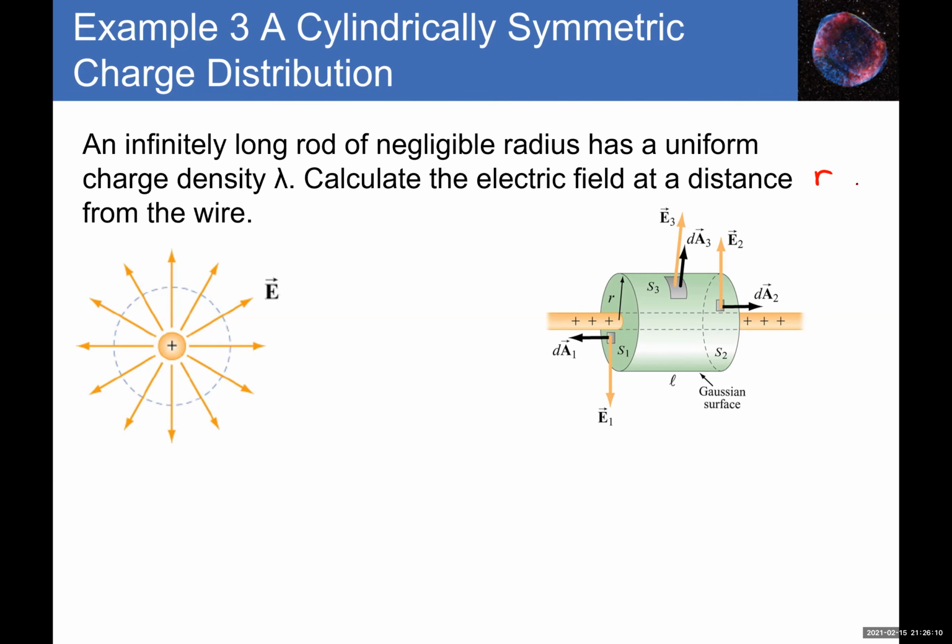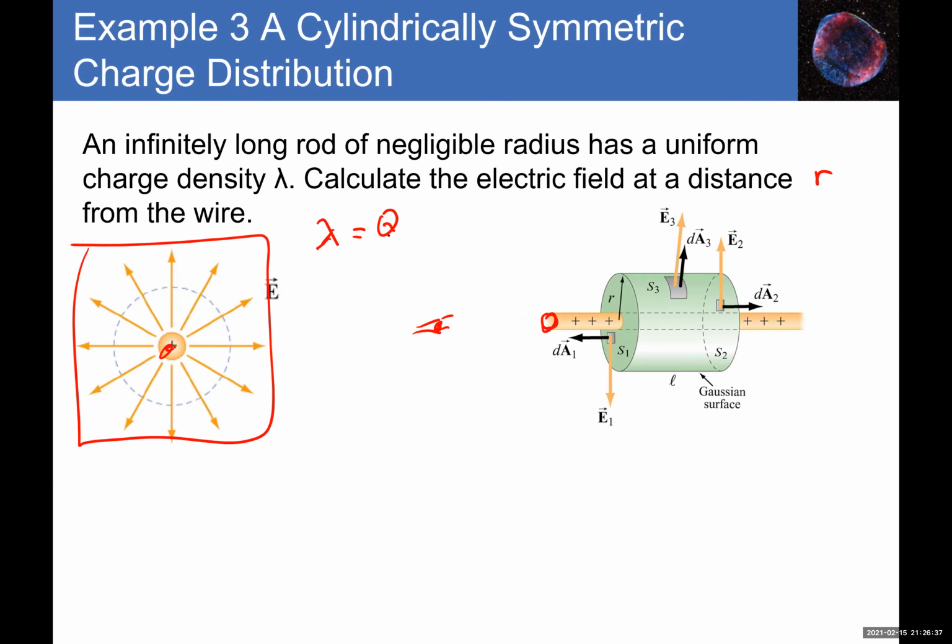So the idea here is this: if you look at this rod from here, right? So let's say you're looking from here, you see this. That means the rod is toward you, out of the page. Then the electric field it generates is radially away from this rod, because it's uniformly distributed, where lambda is the linear charge density.